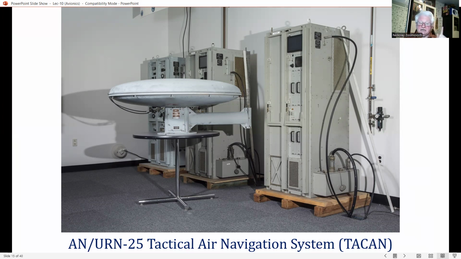A rotating antenna system at the TACAN ground station or beacon enables the aircraft to measure the bearing of the TACAN beacon to an accuracy of about 2 degrees, using a principle analogous to a lighthouse. Navigation position accuracy of VOR, DME and TACAN is of the order of 1 to 2 miles.